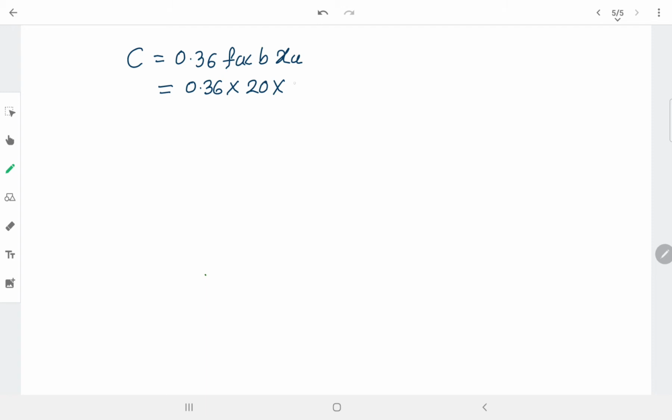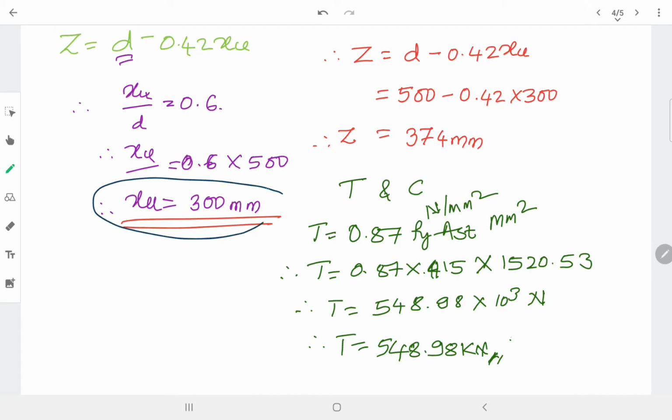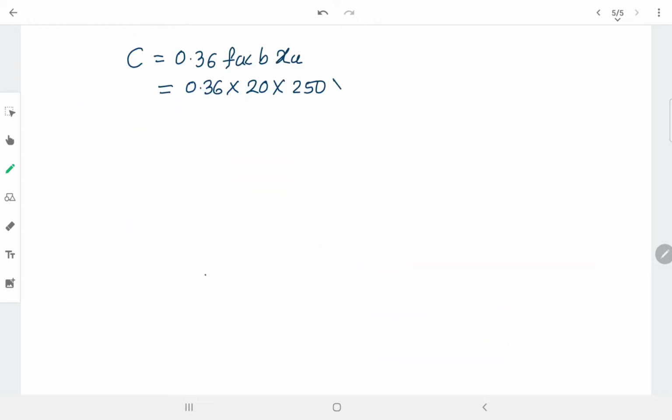XU we already calculated, XU is equal to 300 mm. When you solve this, C is equal to 540 into 10 to the power of 3 Newton.